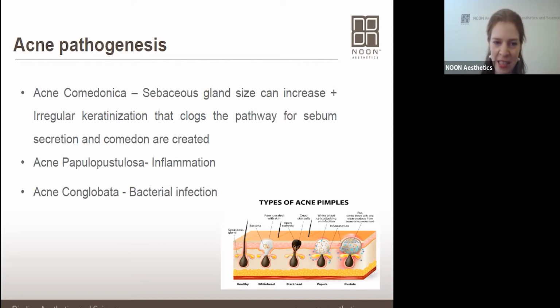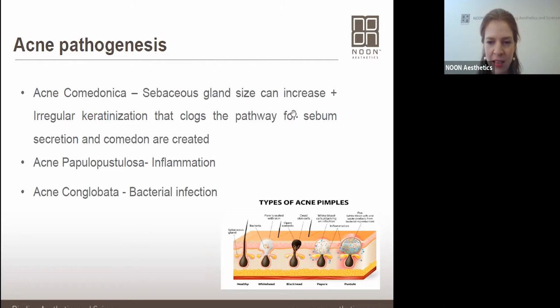This is called acne papulopustulosa, and it has 3 different levels: mild, moderate, and severe. The third and harshest is when, along with the inflammation, we also have bacterial infection. This kind of acne we call acne conglobata.